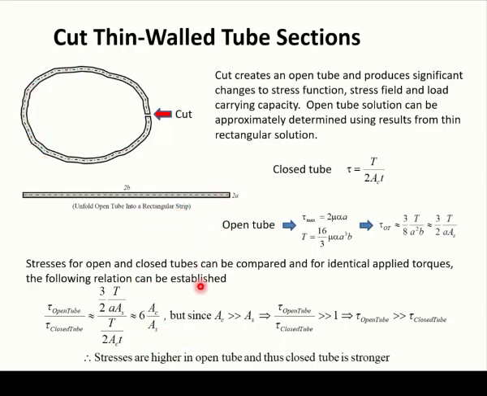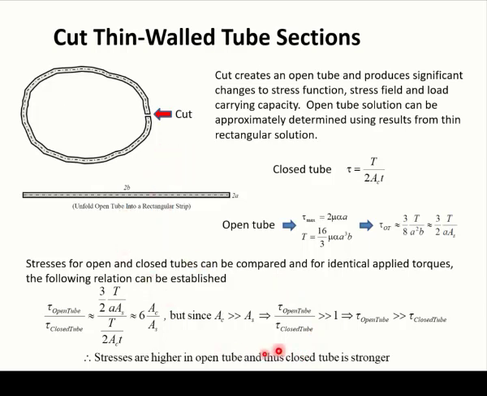In this case, what I know is this area is much larger than the area of the section, which means my shear for the open tube will be much higher than my shear for the closed tube. So stresses are higher in the open tube than in the closed tube.